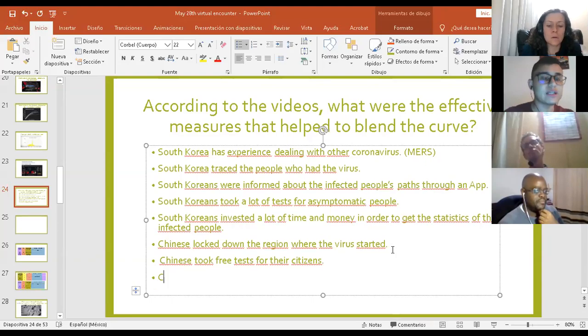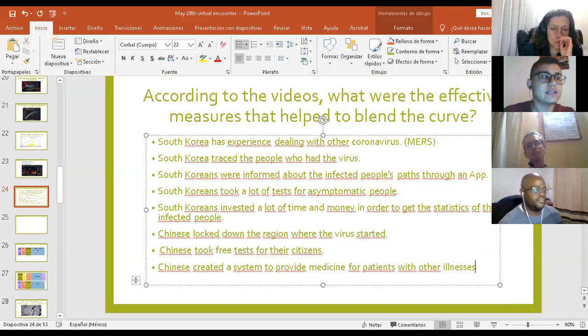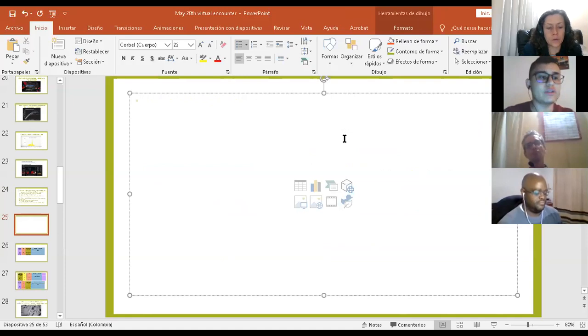And as we know, they created temporary hospitals in a very short time. The key for them was speed. Even though at the beginning of the outbreak they didn't control it, afterwards they were very fast to control it.